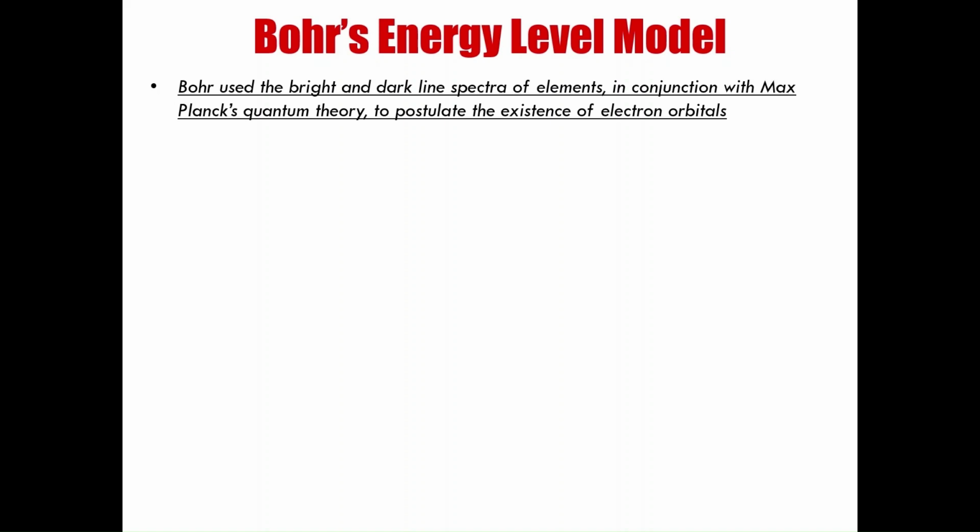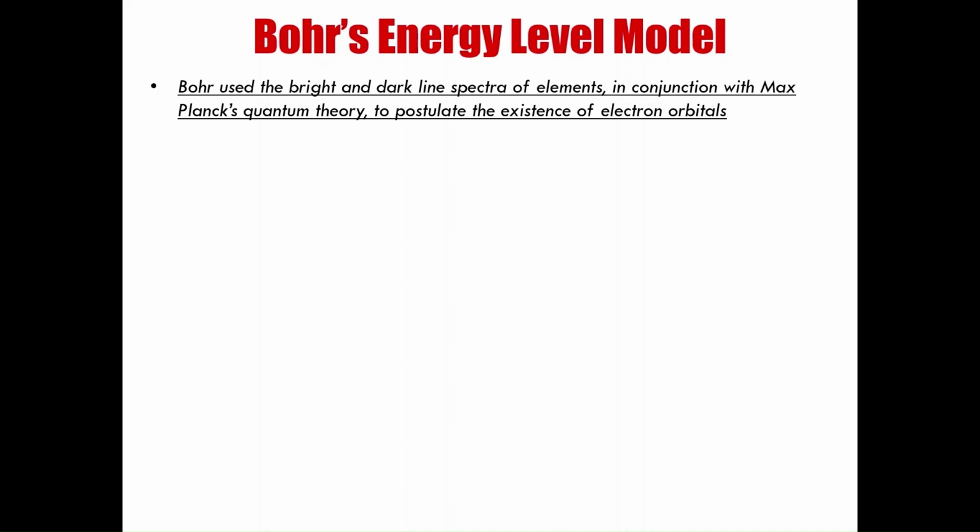The idea that each electron would absorb an exact amount of energy and release that energy as a photon that would then hit a detector plate in the exact same position each time you ran the experiment caused Bohr to believe that those electrons could only exist in certain places around the atom. He called those places orbitals.